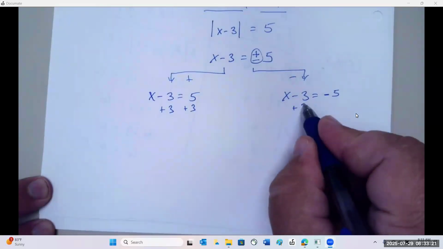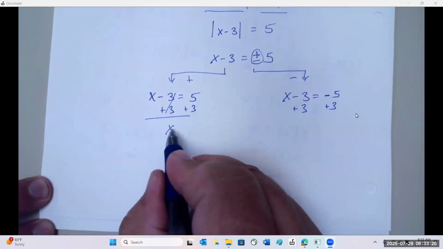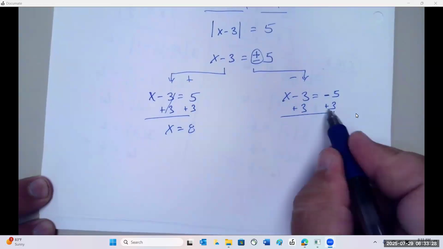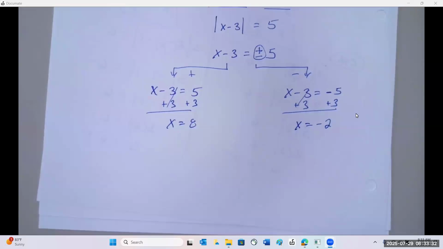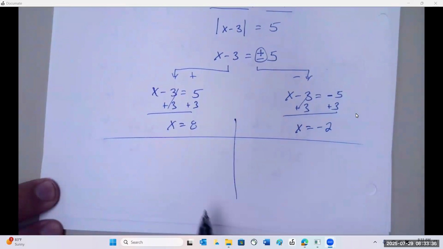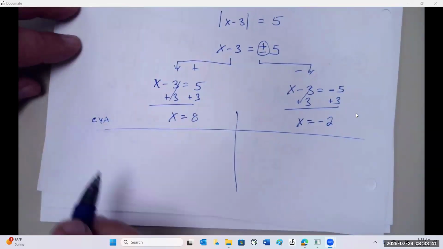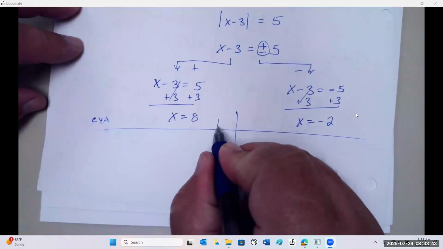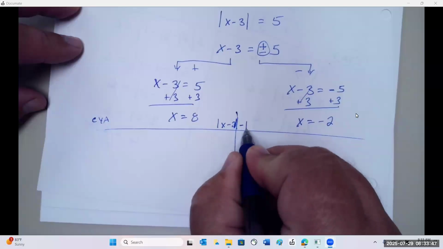Add 3. X equals 8. X equals -2. The equation is the absolute value of x minus 3, minus 1 equals 4.